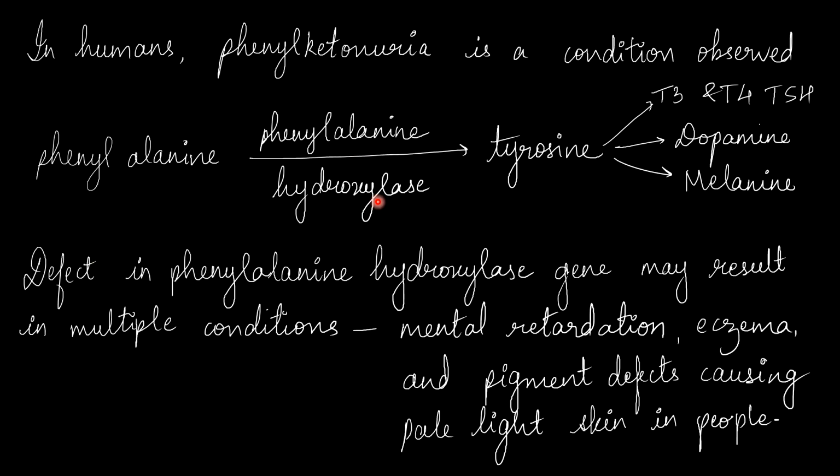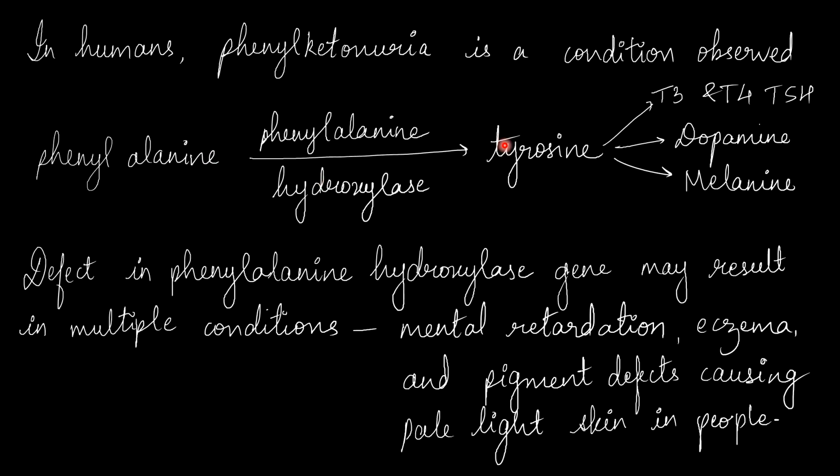What happens if this is absent? What happens if the gene responsible for this particular enzyme has a defect, if it is a mutated gene? It may result in unsuccessful conversion of phenylalanine to tyrosine.